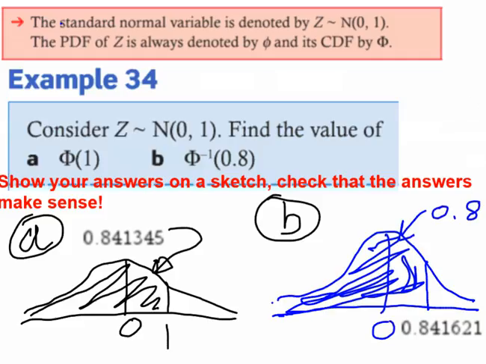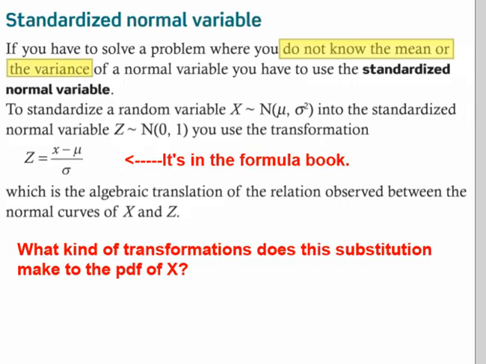Now, if you have to solve a problem where you do not know the mean or the variance, you have to use the standardized normal variable. And this is the formula for the standardized normal variable. It's in the formula book. Analyzing this and proving everything is a little bit beyond what we're doing in the core of higher level maths.